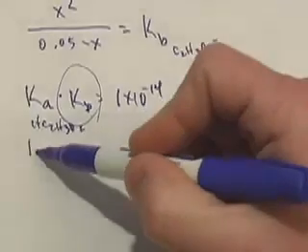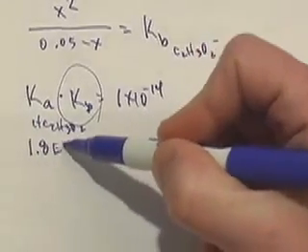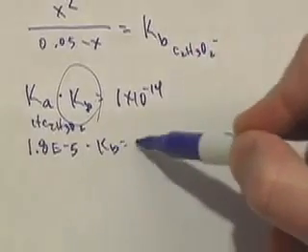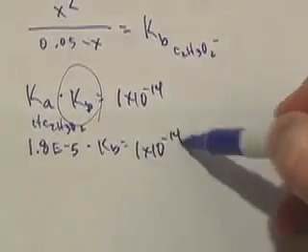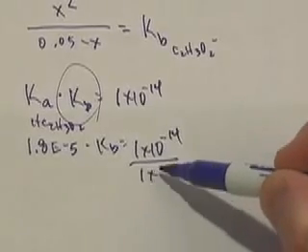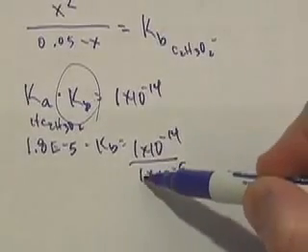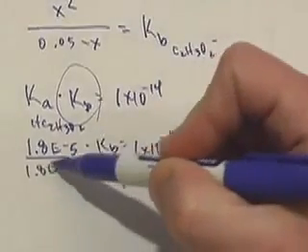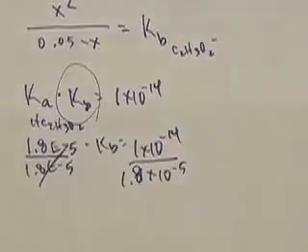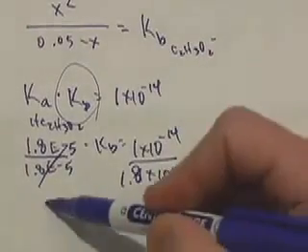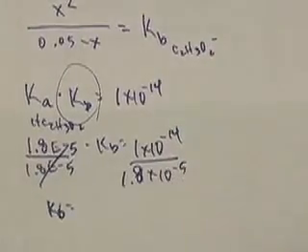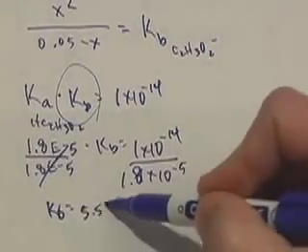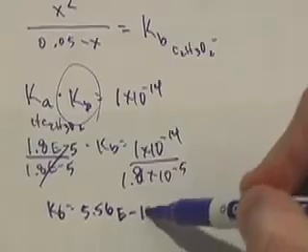In the back of the book, I'll find that Ka is 1.8 times 10 to the negative 5th. This times Kb is equal to 1 times 10 to the negative 14th. Divide both sides by 1.8 times 10 to the negative 5th. These cancel. Now I get my Kb, if I punch this into my calculator, is equal to 5.56 times 10 to the negative 10th.